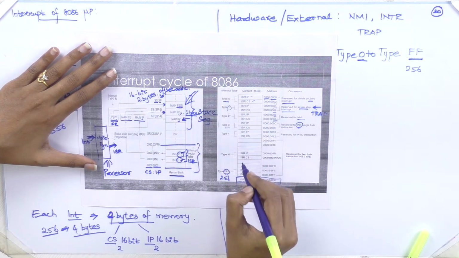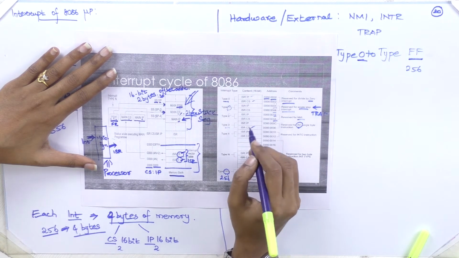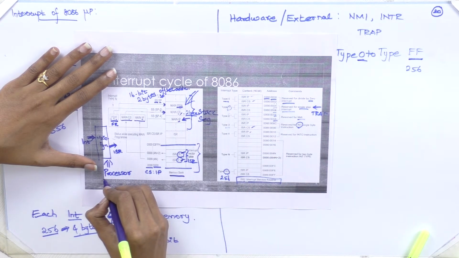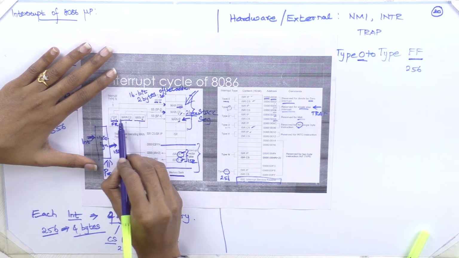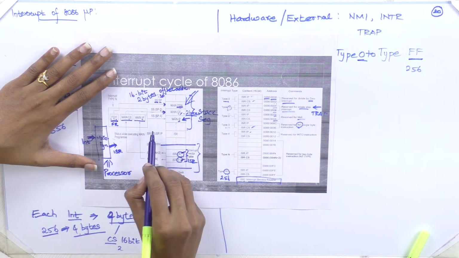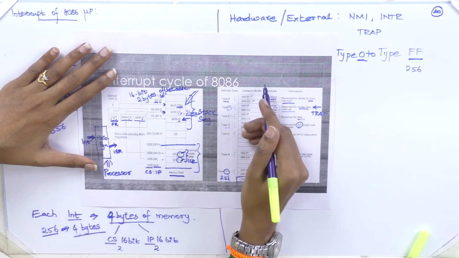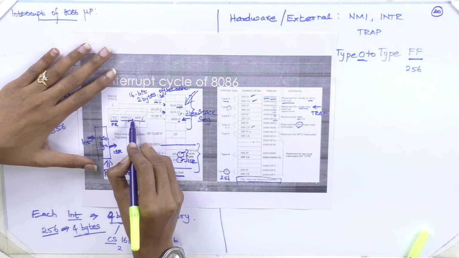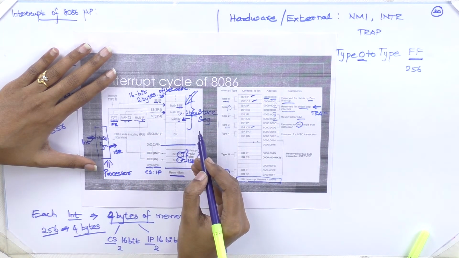Each interrupt has a separate code segment and IP value stored in the interrupt vector table. Once an interrupt occurs, after storing the code segment value, IP value and flag register value of the main program into the stack, the processor looks into the interrupt vector table, takes the corresponding IP and CS value, stores them in the code segment and IP registers in the processor, and continues its execution.